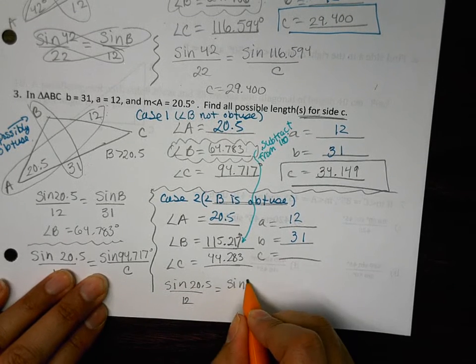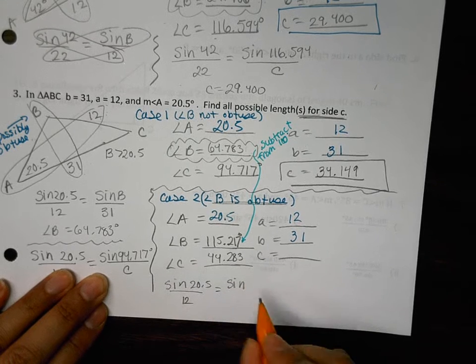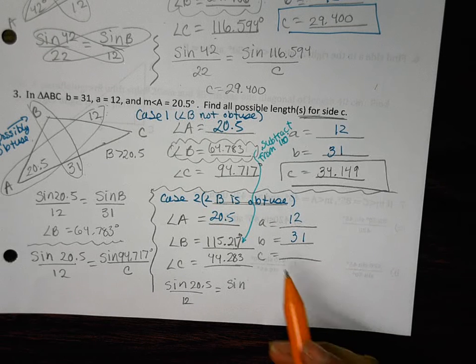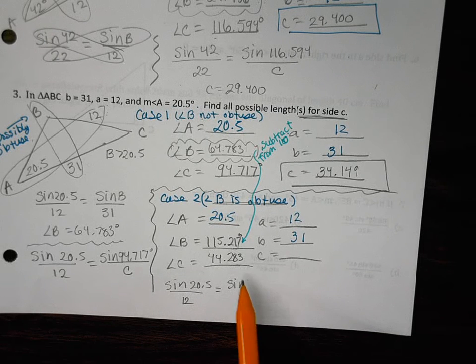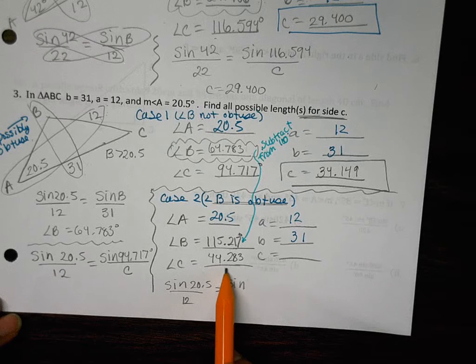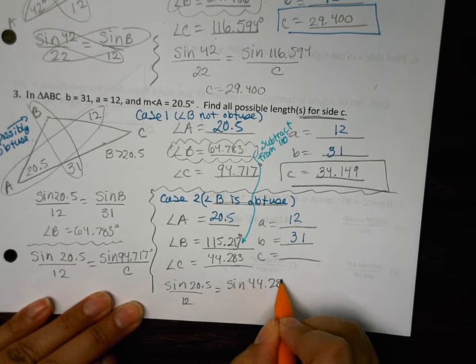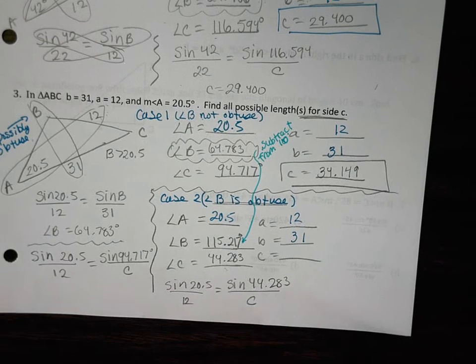Okay, keep going. You did say it right. Sine of 44.2 degrees over C. So go ahead and plug that in now.